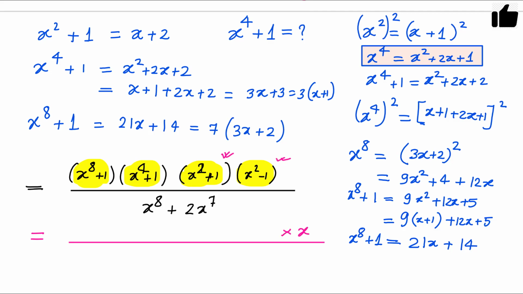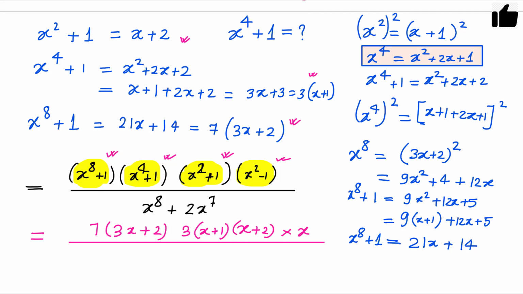And then you have x square plus 1, and this is x plus 2. And x^4 plus 1, that is 3 times (x plus 1). And then you have x^8 plus 1, that is this term, that is 7 times (3x plus 2).